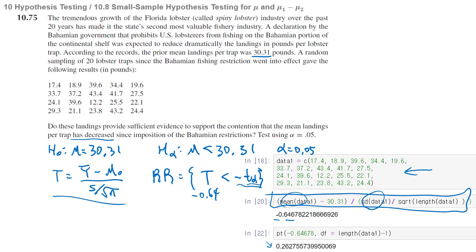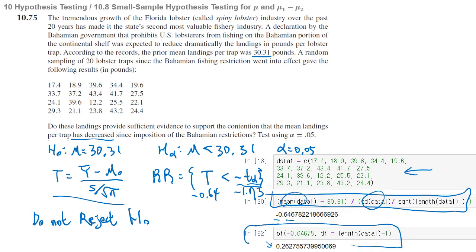Our conclusion is that we do not reject the null, do not reject H0. Okay, so this is our conclusion, and our p-value is this one. You can calculate your p-value with this one.